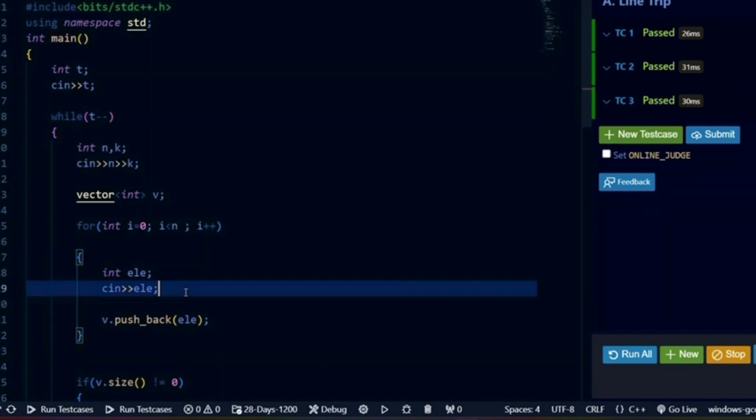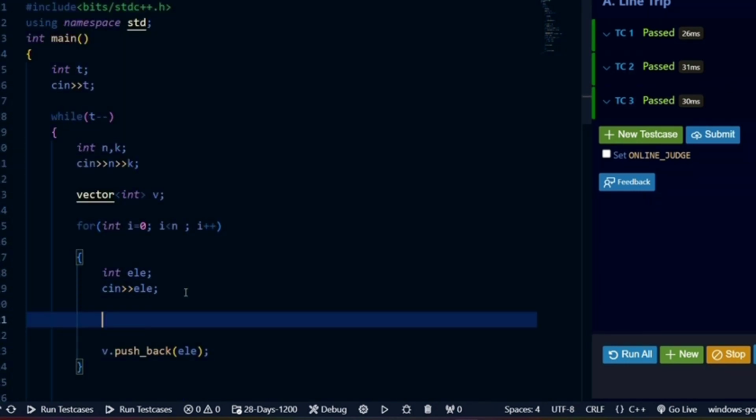One thing I also need to check: v of i should never be greater than x. If it is greater, there would be no benefit to go till there and then come back.